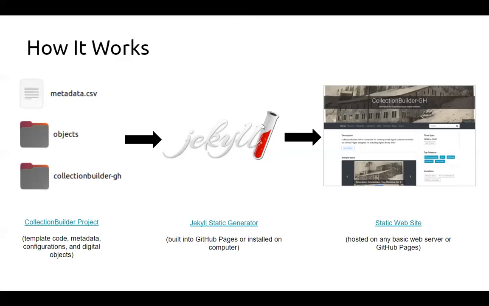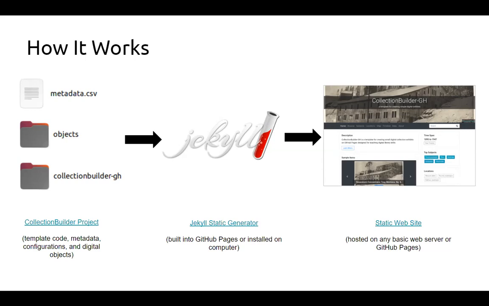So then we get to this middle part here where Jekyll is going to build the site's static files for you. And this can be done on your computer using a Jekyll development server if you've downloaded it, or by activating GitHub Pages, which builds your website for free for you. Jekyll is a static site generator for those who don't know. And that means that it builds out all the site's HTML, CSS, and JavaScript files completely before the site is made live.